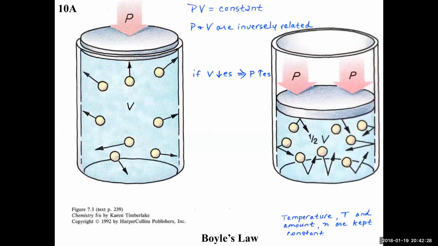The mechanics of breathing is explained with Boyle's law. If you recall, pressure times volume is equal to a constant. Therefore, P and V are inversely related. When pressure goes up, volume goes down. When volume goes down, pressure goes up, and so forth.